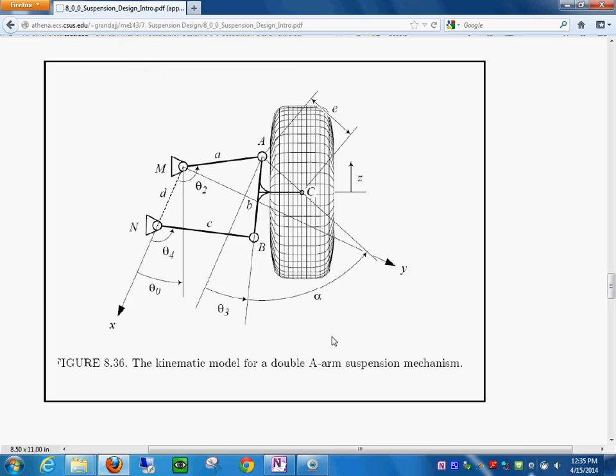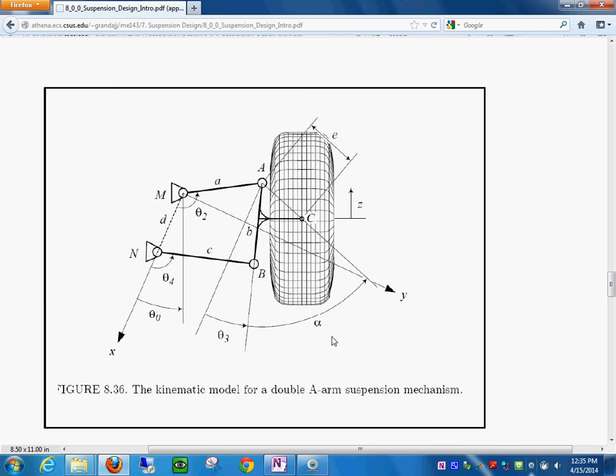This is a more detailed kinematic model of this A-arm suspension mechanism. Now this is designed in more detail to study the effects of the position of the wheel. Because you see, if you consider this wheel to go up and down, the wheel itself is going to rotate somehow based on the kinematics of the linkage.